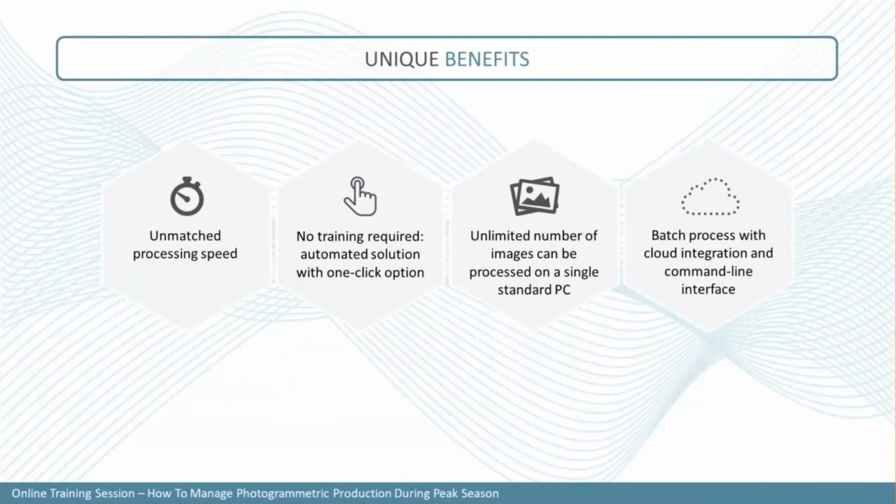You can run unlimited numbers of images on a single PC. As long as you have the processing power to do so, big things can be done with Correlator 3D. Everything can be batch processed with the command line interface, and the software can also be installed on cloud instances such as AWS or Azure.